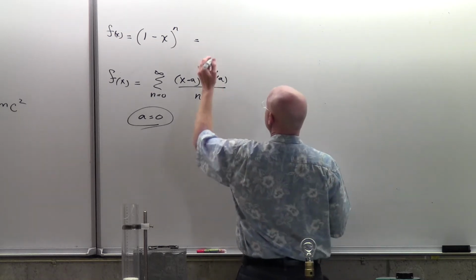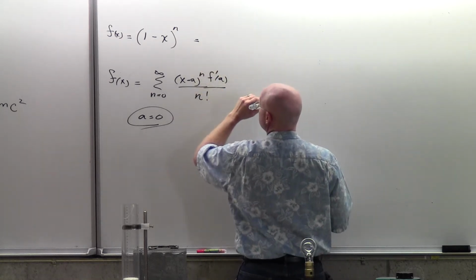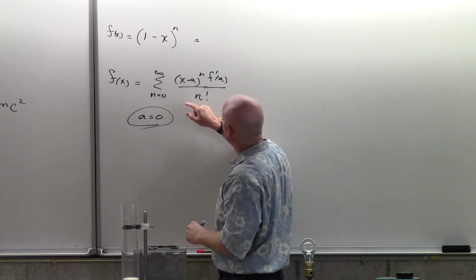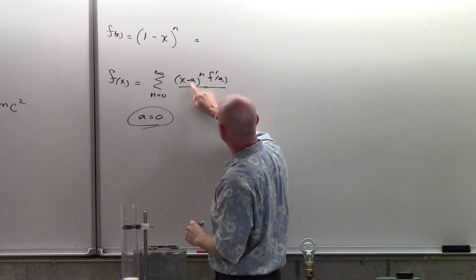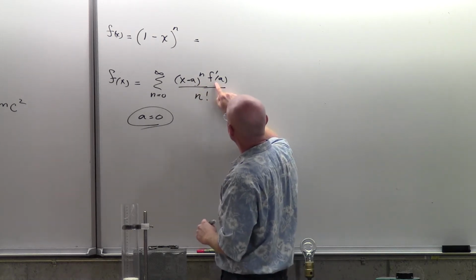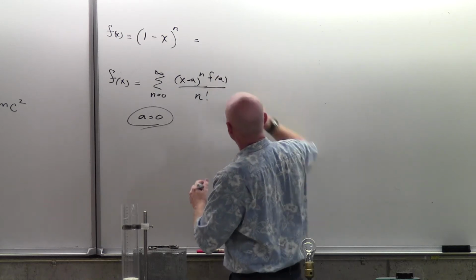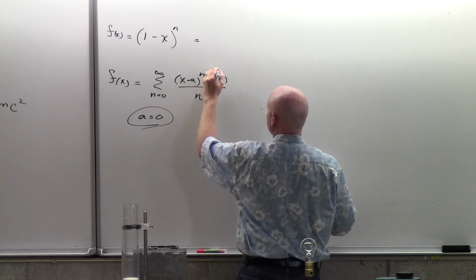And so this becomes, I guess I'm going to have to think about it. 0 raised to a 0 power is 1. No, I guess I messed up there. It's the nth derivative, isn't it? How do we write that?